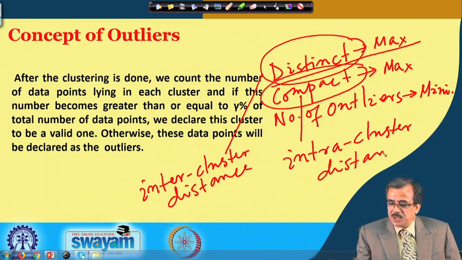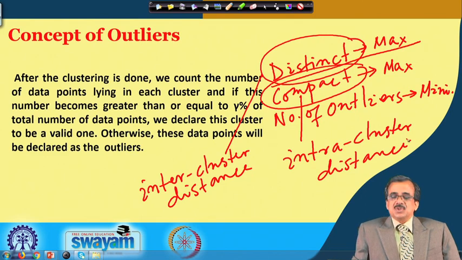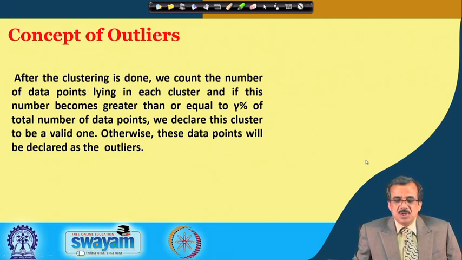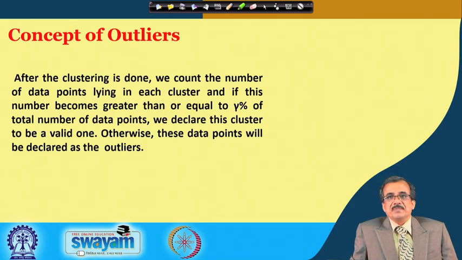This is the way we find out the distinctness, the compactness, and we can also measure the number of outliers. And let me repeat, our aim is to reach the clustering which ensures the maximum distinctness, maximum compactness, and minimum number of outliers. This is the way we use the entropy based fuzzy clustering. Thank you.